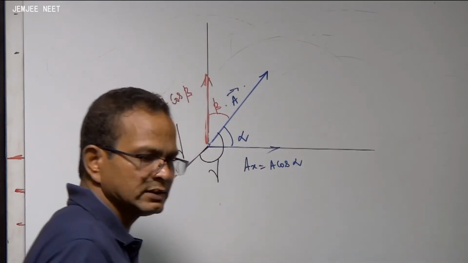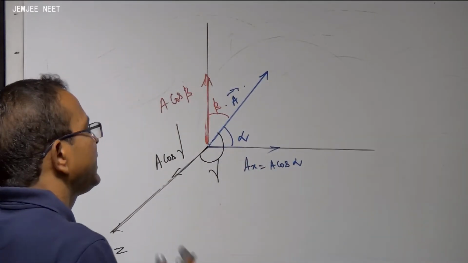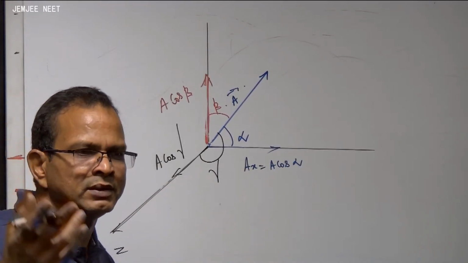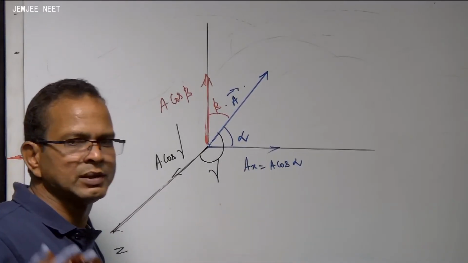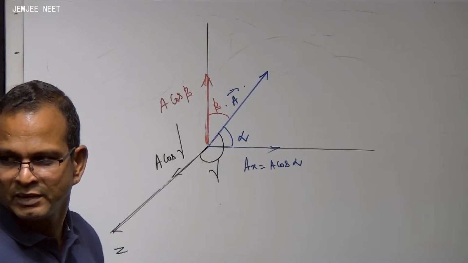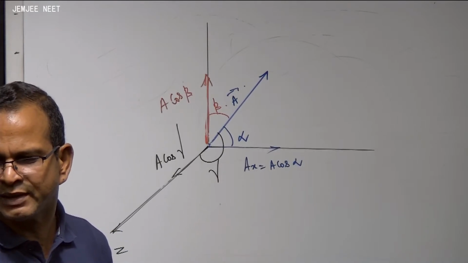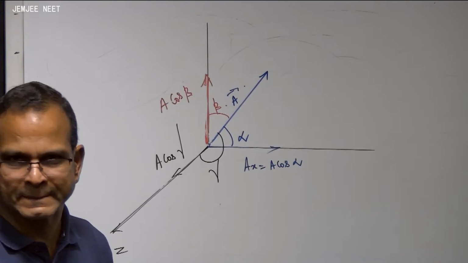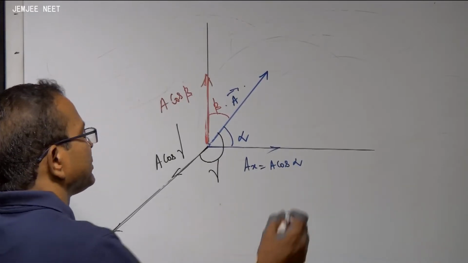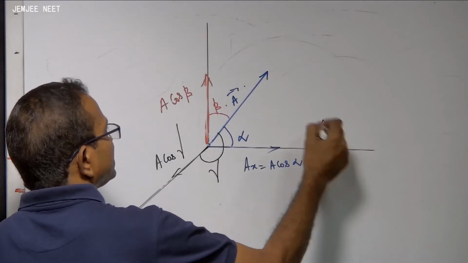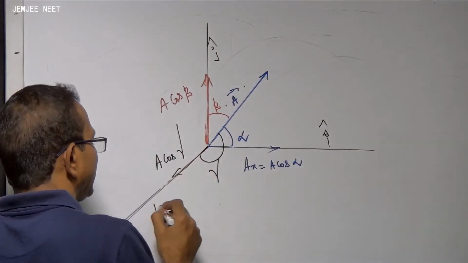Now, Ax is in which direction? Ax is A cos alpha, but in which direction is it? i cap, j cap, k cap.